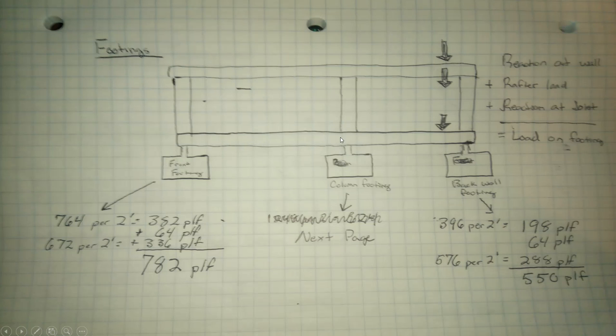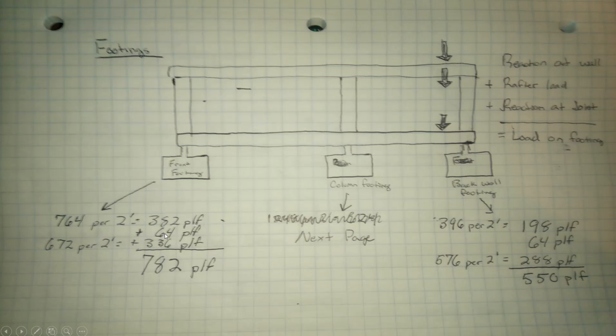Next, we have the footings. So to calculate the footings, you have the reaction at the wall, the rafter load, and the reaction at the joist is the load on the footings. So basically all the things we calculated before, but again, we need to make sure we're in the same units of measurement. So for the front footing, we have 764 per 2 feet would equal 382 in linear feet.